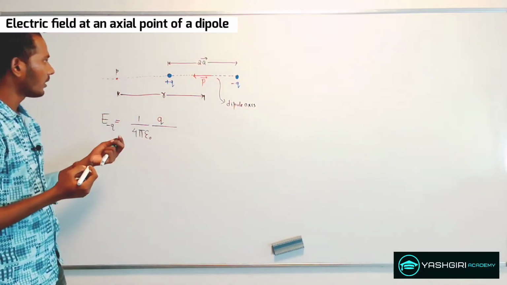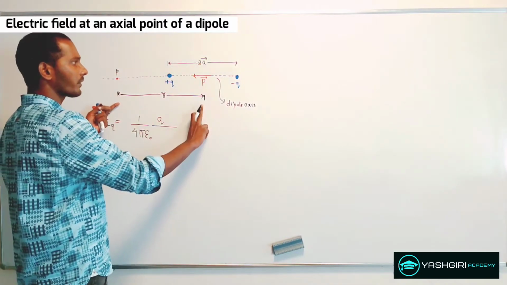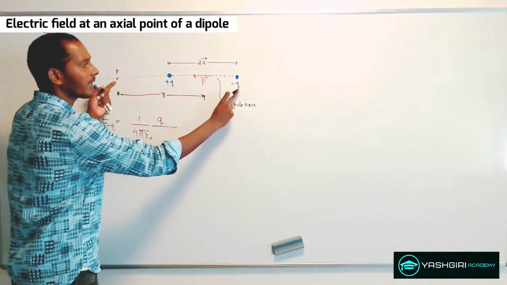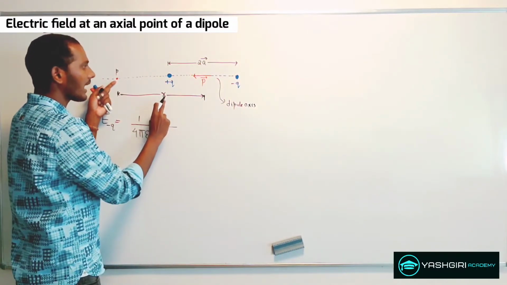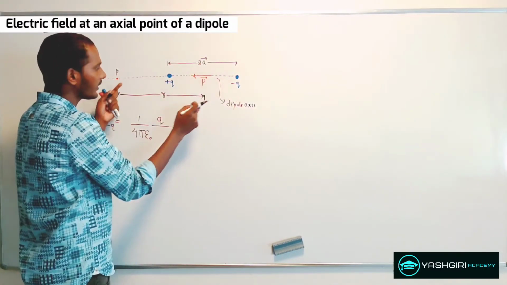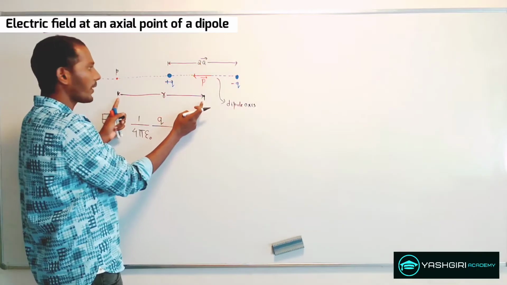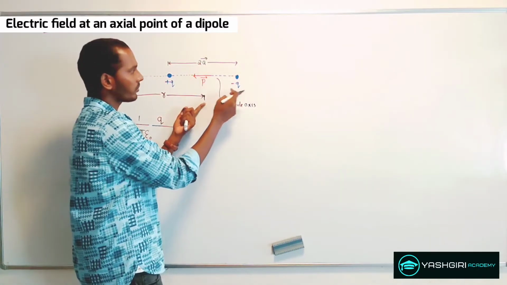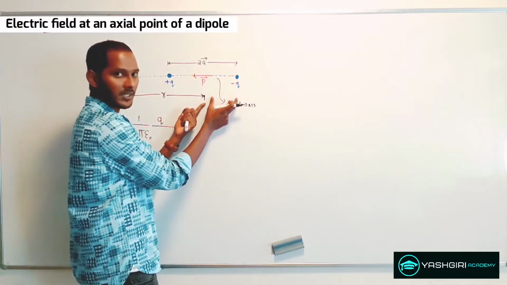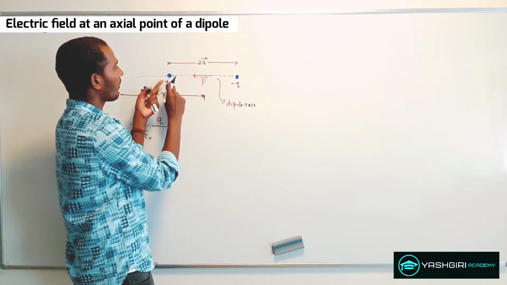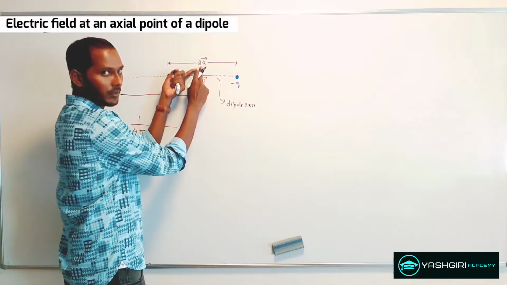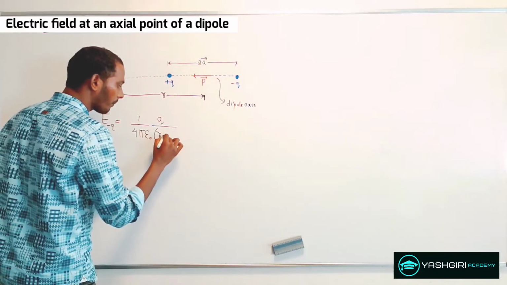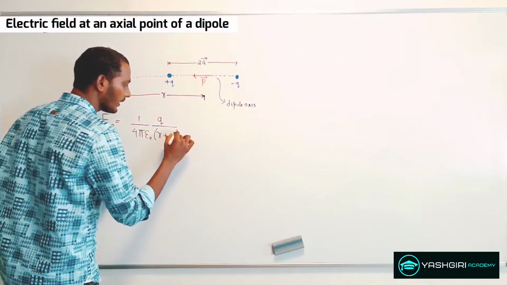Now if you measure the distance of separation between this point P and this minus q, it is nothing but r plus a, squared, correct? So this is the distance from point P to center O, and from the center of this dipole O to this negative charge we have a distance of a, because from plus q to minus q it's 2a. So in that case, this will be (r plus a) squared.